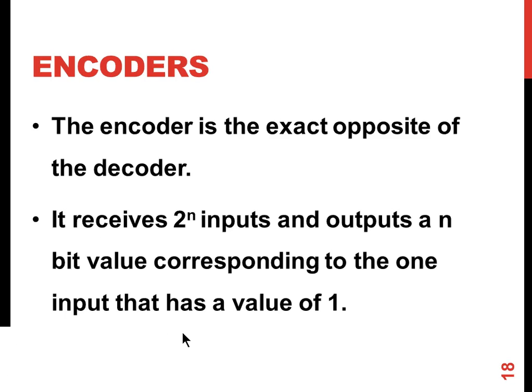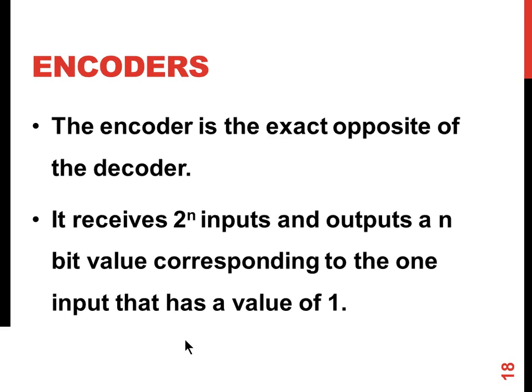The reverse of decoders are encoders, where you have 2 raised to n inputs and n outputs. So if there are 8 inputs, there will be 3 outputs. If there are 4 inputs, there will be 2 outputs. An encoder will act exactly the reverse of a decoder. Depending on which input is high, your output will be encoded.